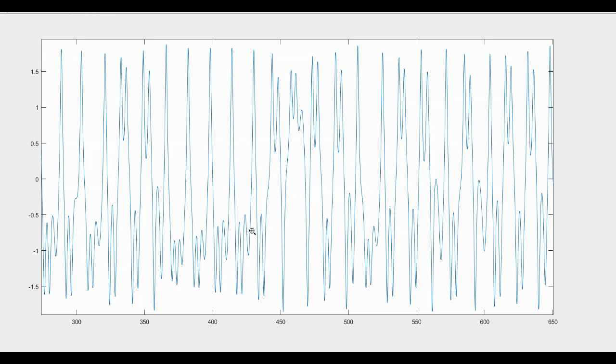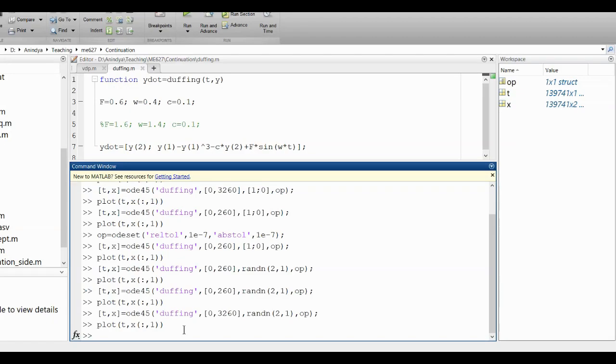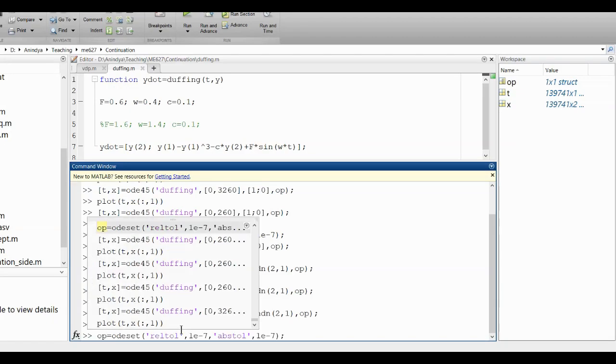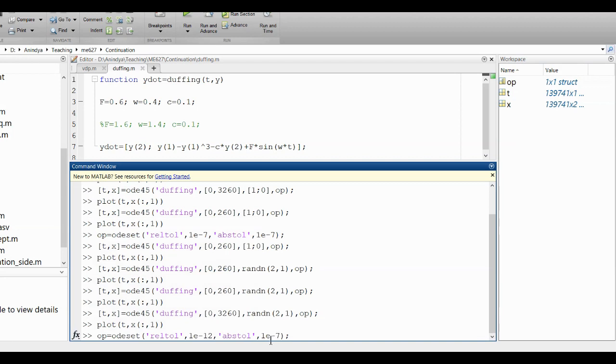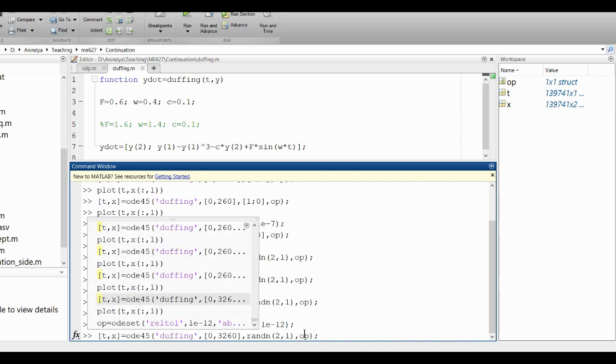Okay, so we want to understand this a bit, and here's something that I will do. What I will do now is I will make the integration more accurate. I will make it as accurate as I can, and then I will integrate. So now omega is 0.4, so the time period is 2 pi over 0.4.